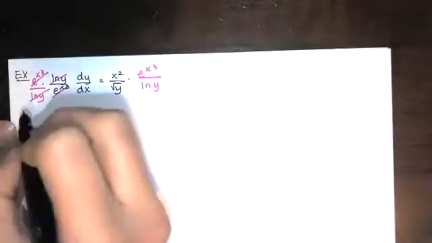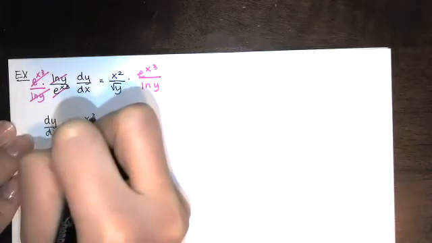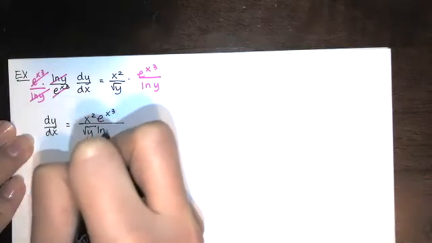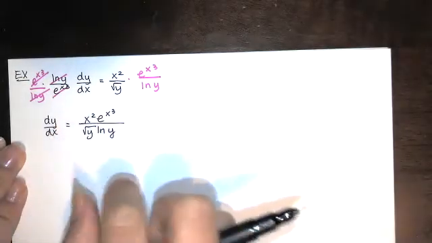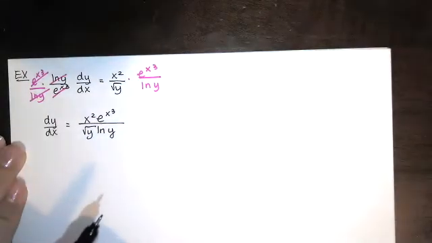Those guys reduce, and now we've got dy dx equals x squared times e to the x cubed divided by the square root of y times natural log of y. Yeah, that's definitely separable. That's a function of x times 1 over a function of y. So that's a separable differential equation.